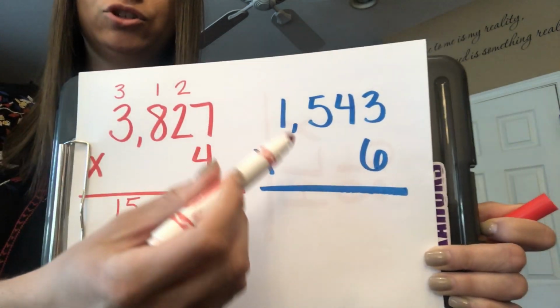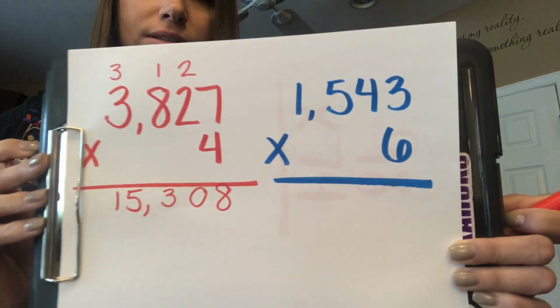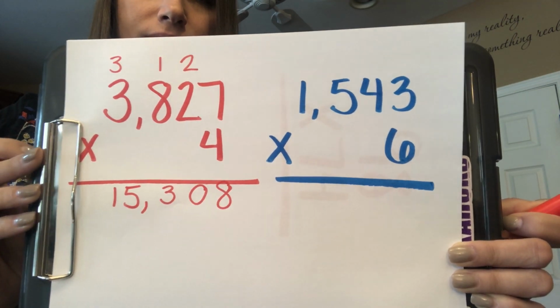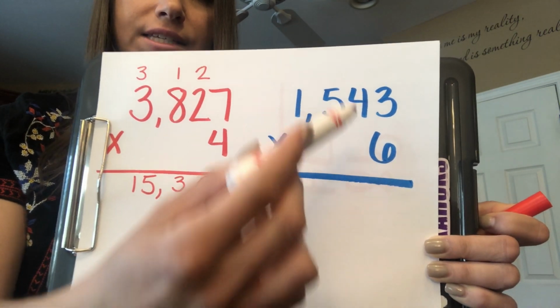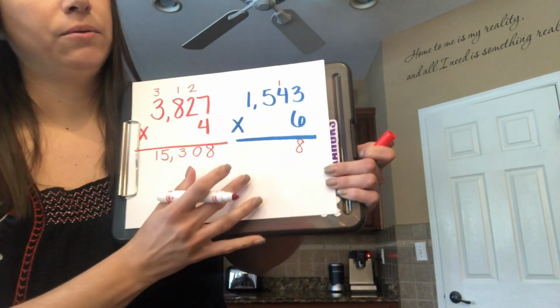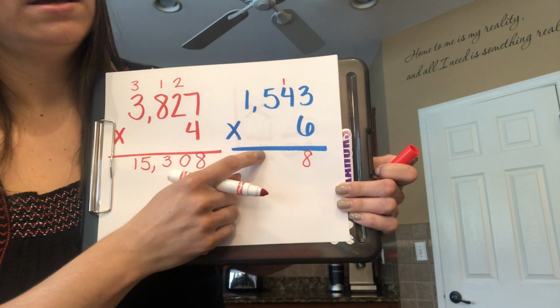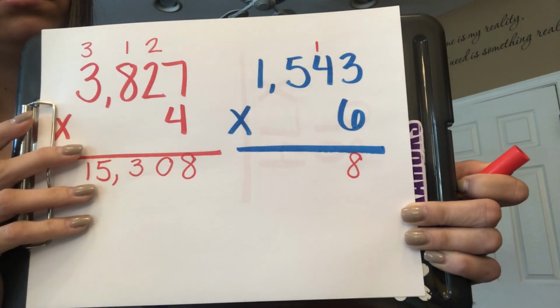All right, the next one, you should have already solved this one as well. So if you didn't solve the second one, go ahead and pause the screen now and solve. But we're gonna go ahead and go over it together. So 6 times 3 is 18. Carry my 1. 6 times 4 is 24. 24 plus 1 is 25.